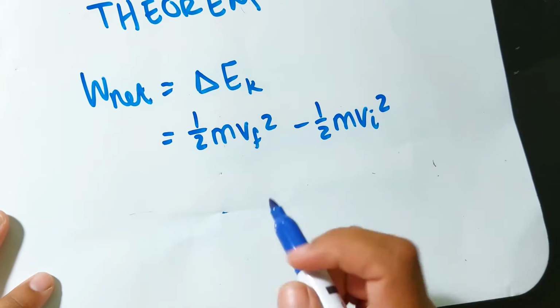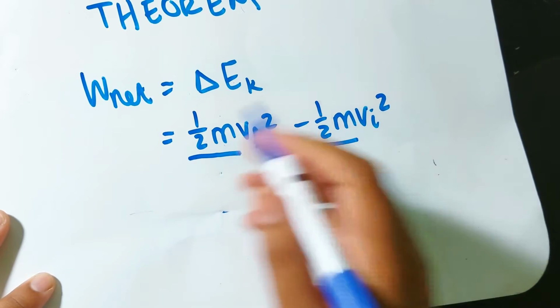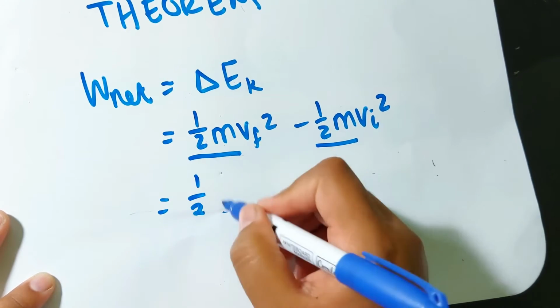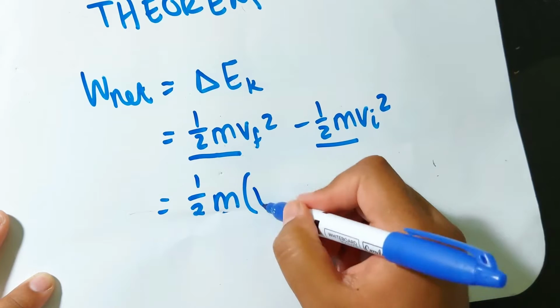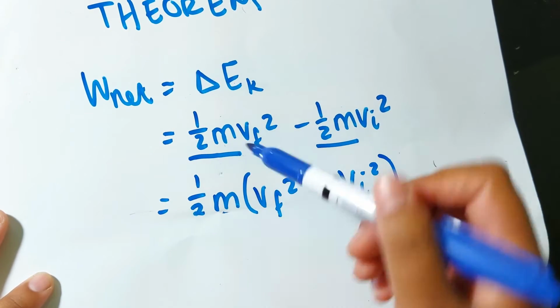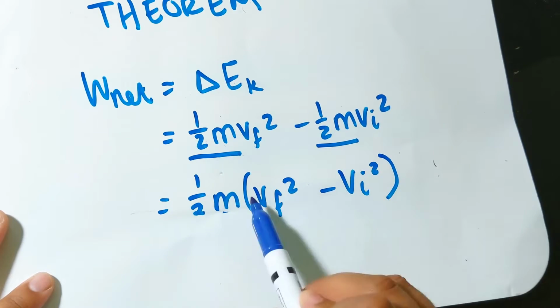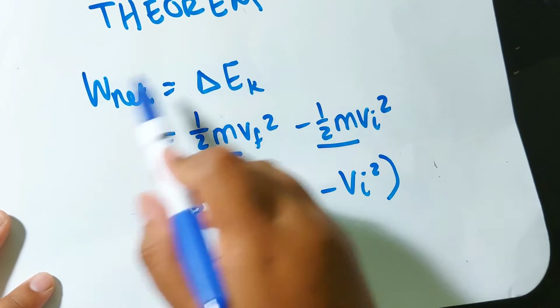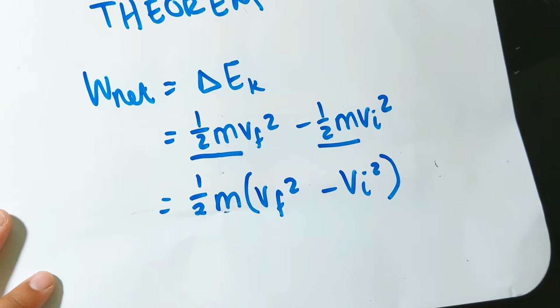Right, and to make it simpler, we can take this factor out. And we can say that it's equal to half m, open brackets, v squared minus vi squared. Right, now this is not necessarily the work energy theorem. It comes from here. So please make sure you write the original one in your answer.